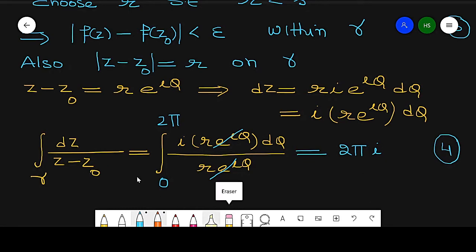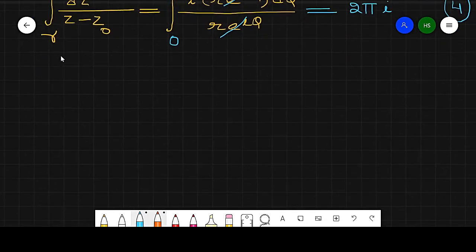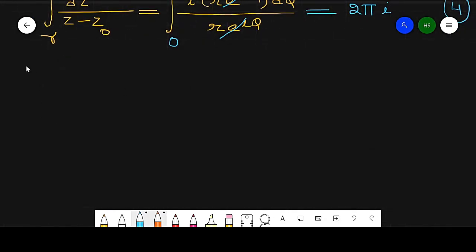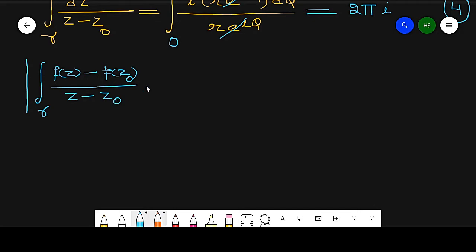Now in order to solve the first integration, this is the integral over gamma of (f(z) - f(z0)) over (z - z0) dz.